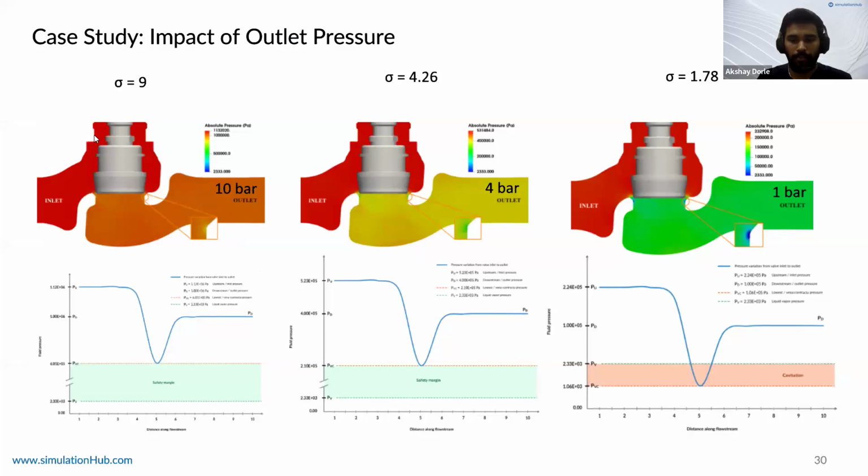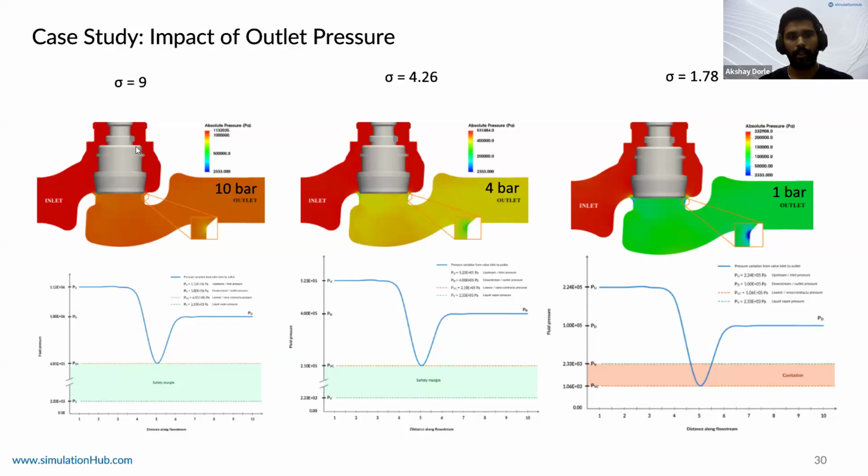As Praveen mentioned, for any valve, what we can do is evaluate the operating cavitation index, which is basically determined by your upstream and downstream pressure and the vapor pressure of the fluid medium. So this is exactly what we did. We fixed the inlet pressure and we fixed the outlet pressure for the first condition on the extreme left.